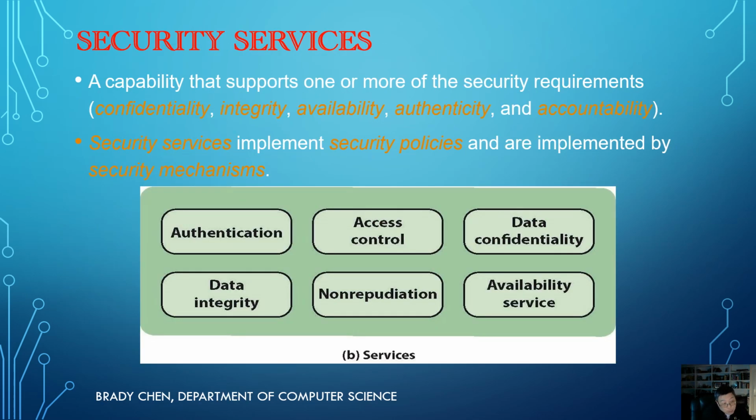Okay, so in Module 1A, we talked about the security requirements, for example, confidentiality, integrity, availability, and these three are known as the CIA triad. We also added authenticity and accountability.